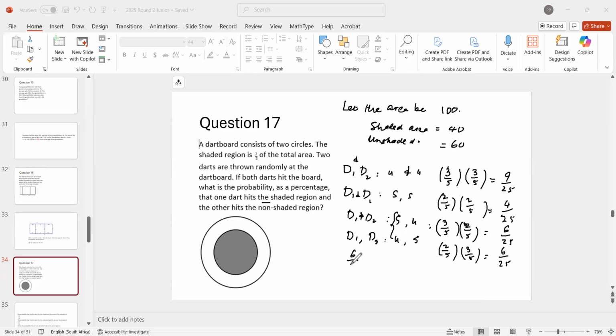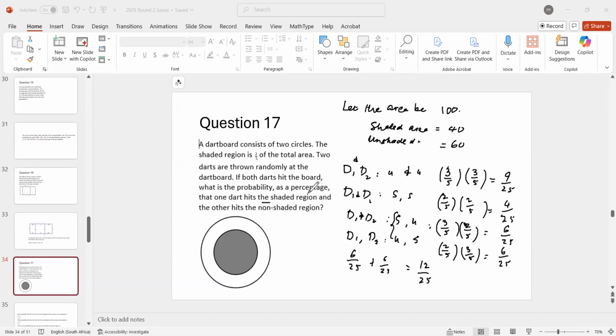So it's going to be 6 over 25 plus 6 over 25. So these are the two where one of them hits the shaded and the other the unshaded. So it's 12 over 25. So the probability that one of them is shaded and the other is unshaded is 12 out of 25.